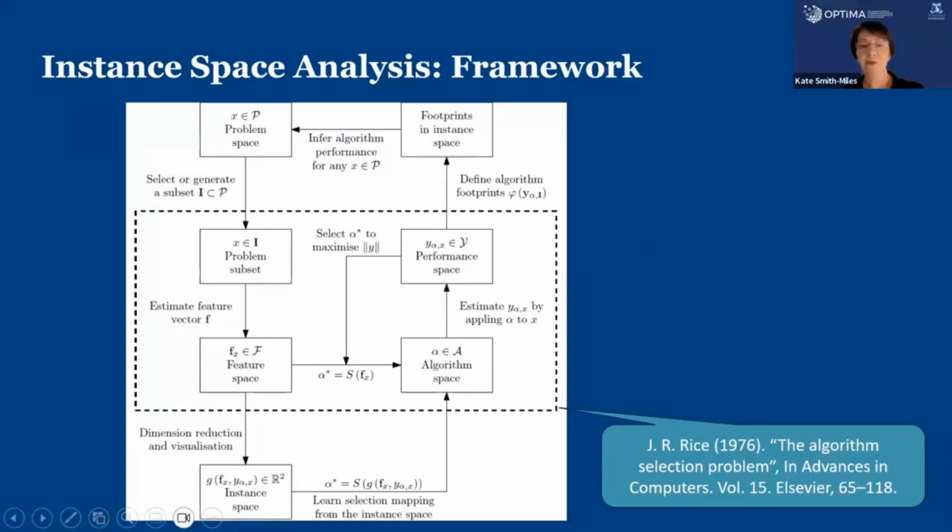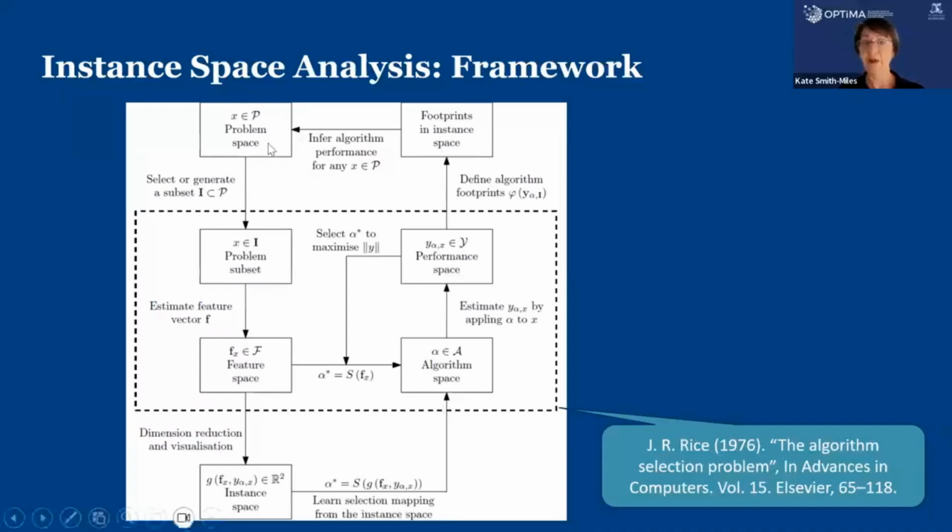And then I thought, well, this is a good foundation for the questions that I'm asking, but I'm not trying to pick the winner. I'm trying to get insights into algorithm strengths and weaknesses. And I'm also trying to get an idea of this broader instance space, not just the set of instances I have on the computer, but this broader problem space, hypothetical instances that we haven't even got yet.